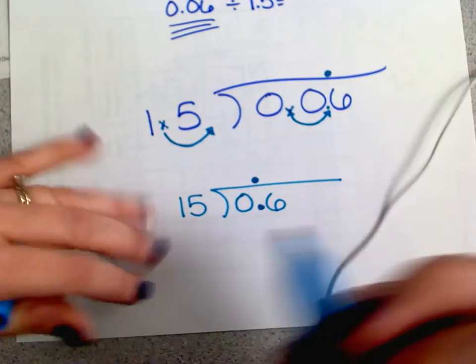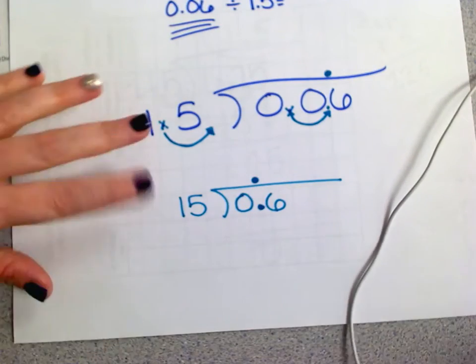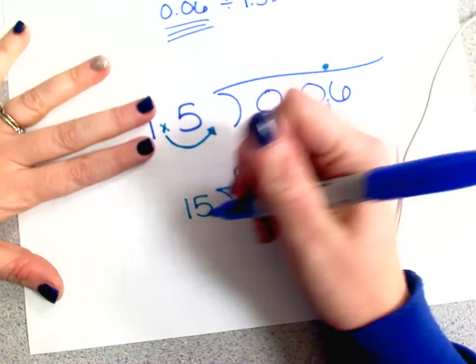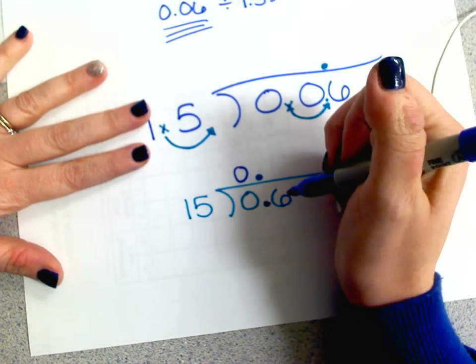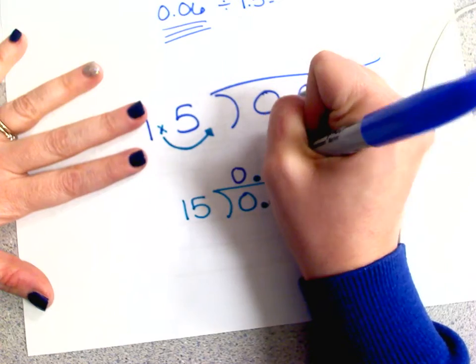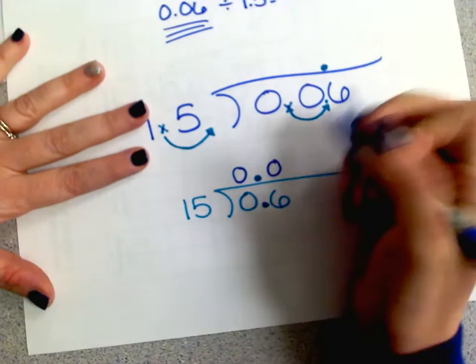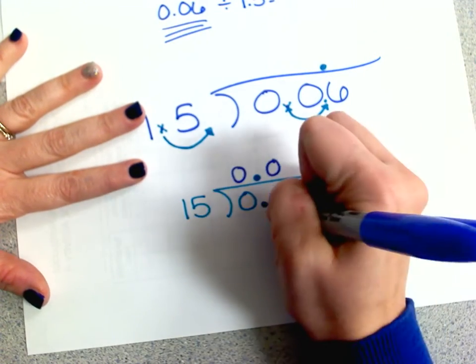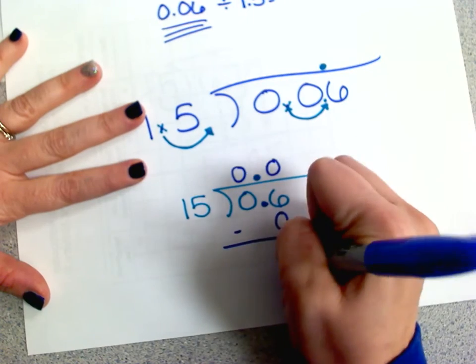All right, can 15 go into 0? No, so let's put a 0 up top. Can 15 go into 6? No, it cannot, so let's put a 0 on top. And let's just multiply as we normally would. 0 times 15 is 0, minus equals 6.